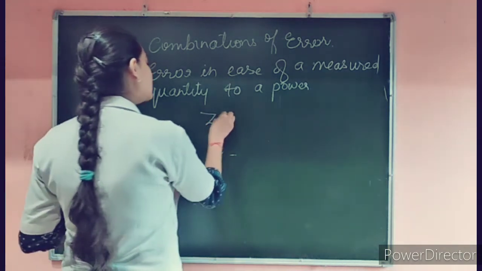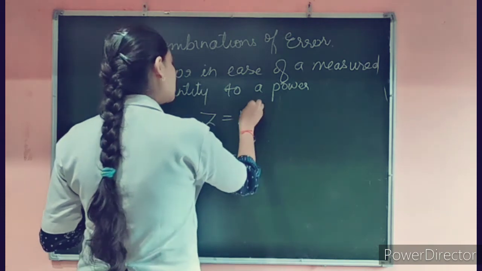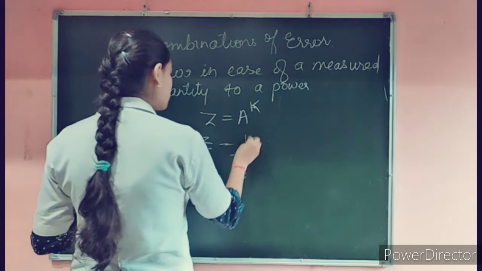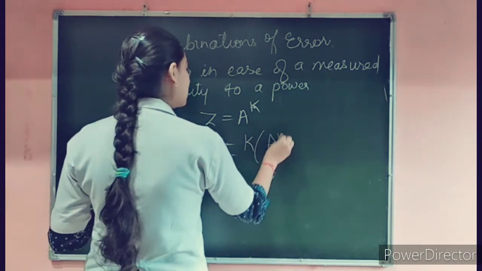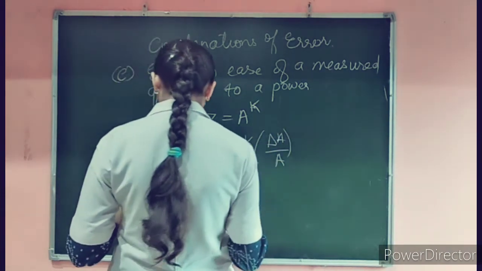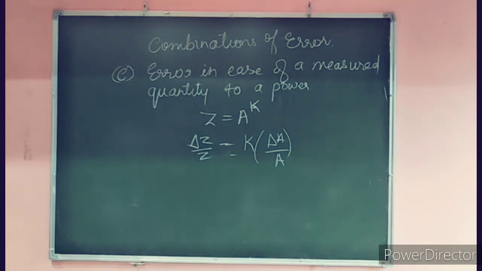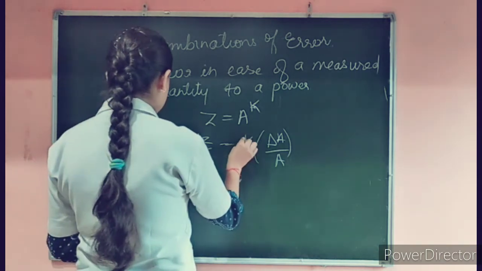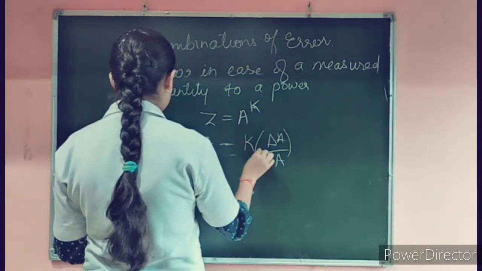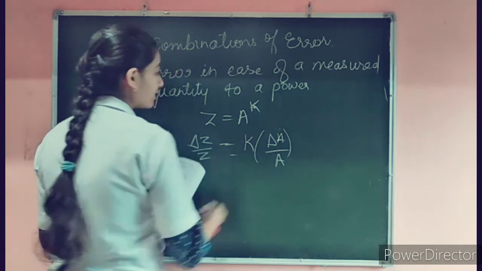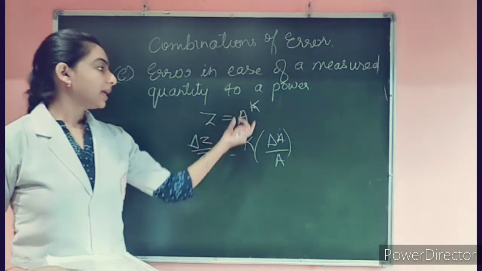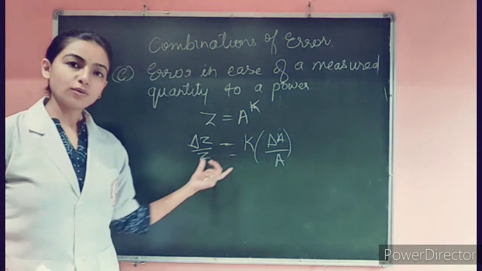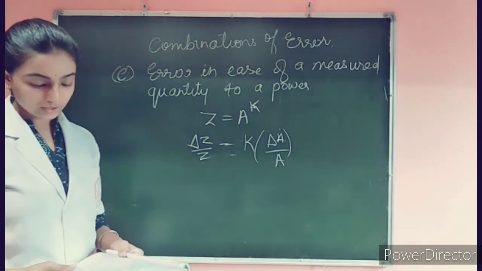If we take z equal to a to the power k, then del z upon z will be equal to k into del a upon a. The relative error in a physical quantity raised to power k is k times the relative error in the individual quantity. Here we have seen a to power k, which is an individual quantity multiplied. Okay, these are the combinations of errors.